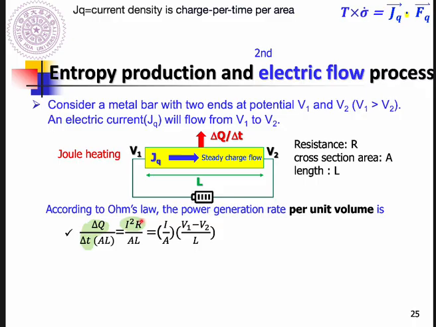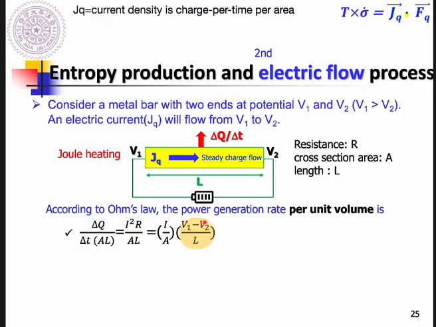And I just separate I square R, because what I need is a current density and a driving force. So I only need one current, I put the A here, L here, and then I can have a current density. And IR can be rewritten as delta V, so it will be V1 minus V2.